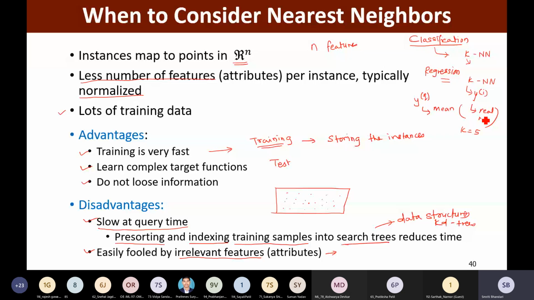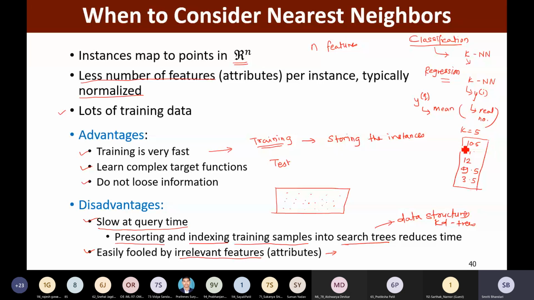For example, if K equals 5, I will have 5 Yi values associated with these 5 neighbors, and these are numbers, say 10.5, 11, 12, 9.5 and 3.5.